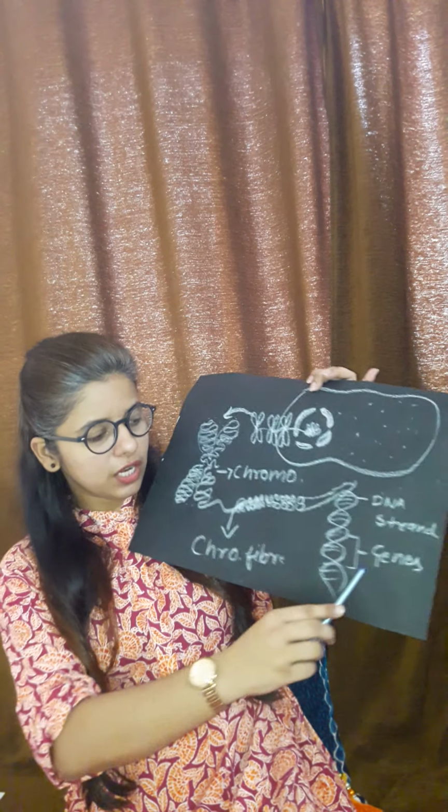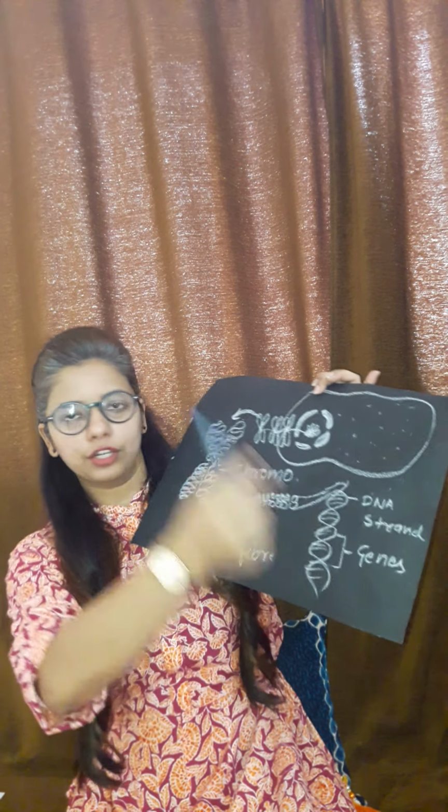So the child has curly hair because the parent has curly hair. And who transferred this character? The genes transferred the character of curly hair. If the same genes are active in the parents and in the child, then the characters of the parent and the child will be the same.